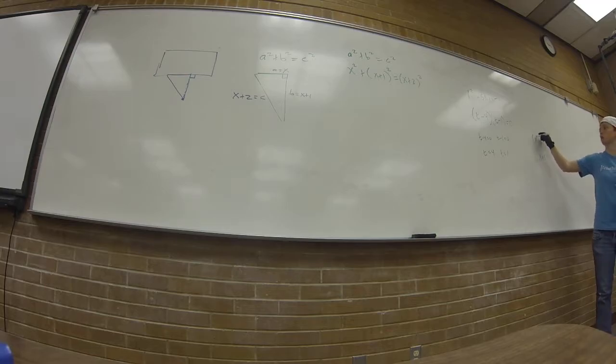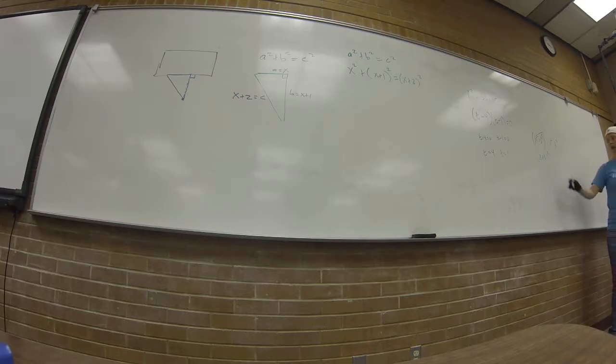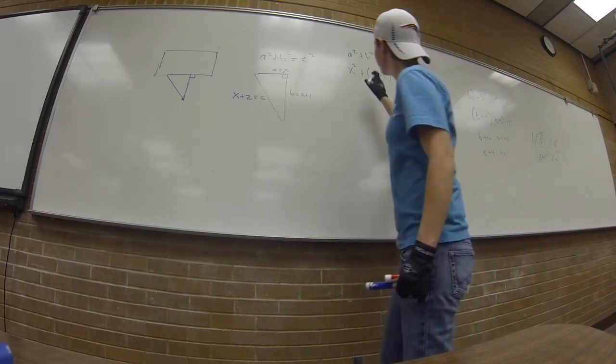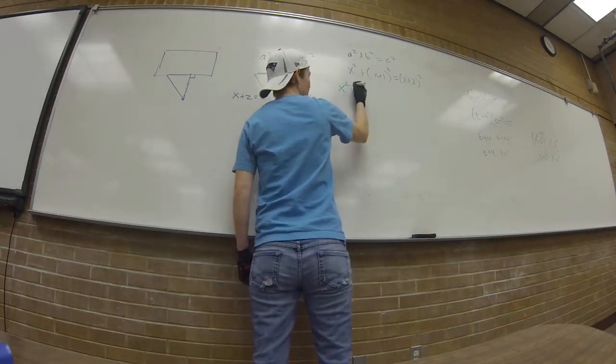In this one, it is perfectly acceptable to just square both of those and be done with it. It is not perfectly acceptable to just square both of these and be done with it. You've got to FOIL. If you do this, this is F and this is L, but you've totally neglected O and I. So don't forget that.